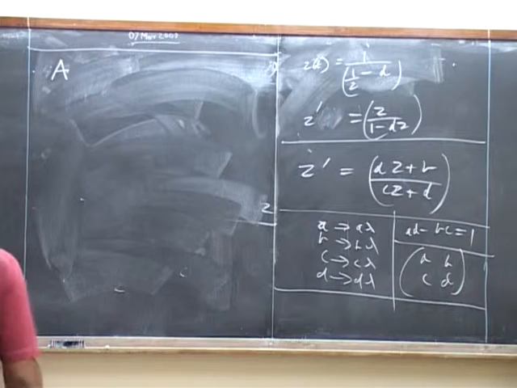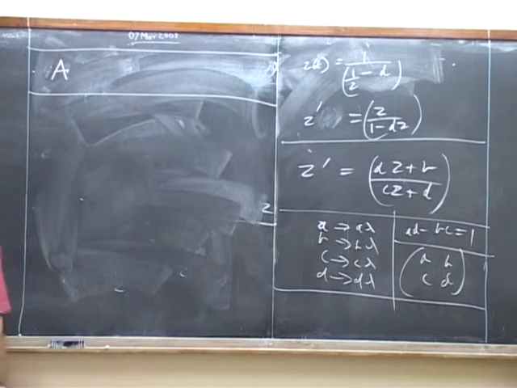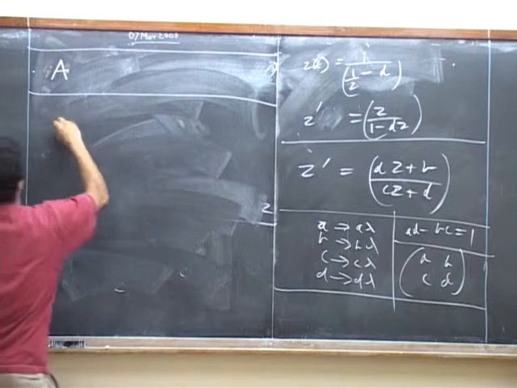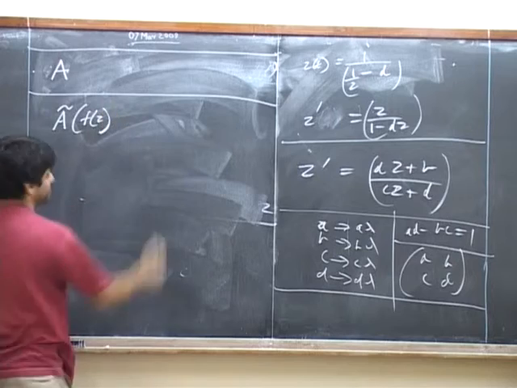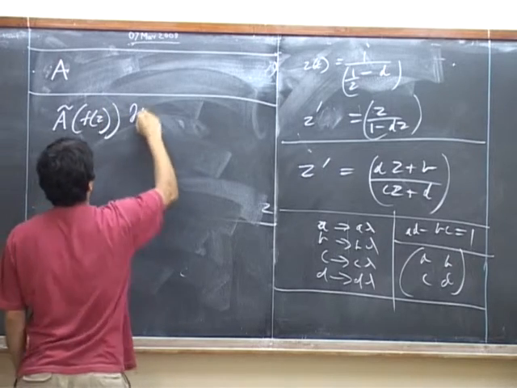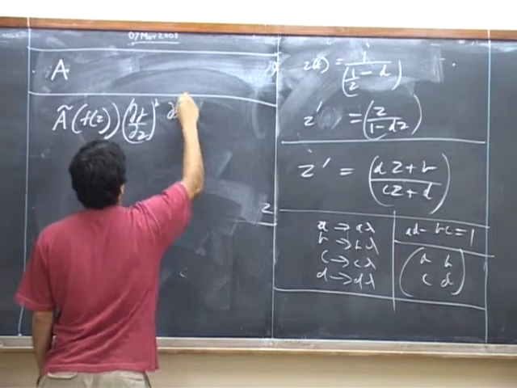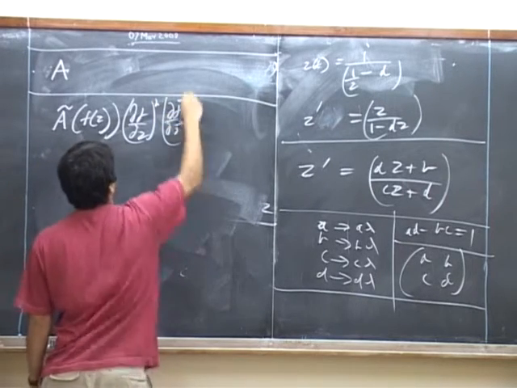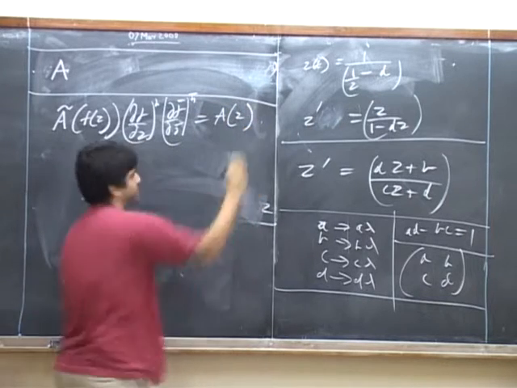Okay? So let's write that down in an equation. You remember our primary operator transformation in conformal field theory. You have A tilde of f of z times df/dz to the power h times df bar/dz bar to the power h bar equal to A of z.